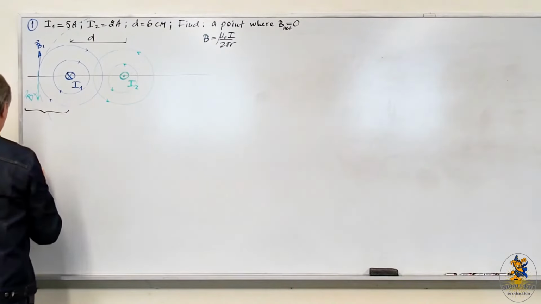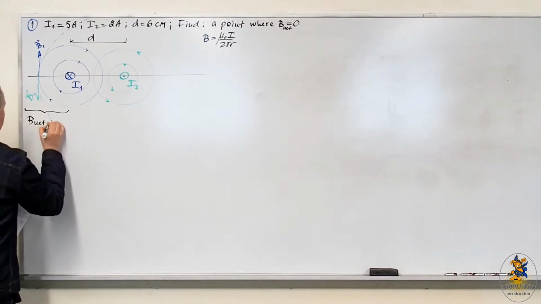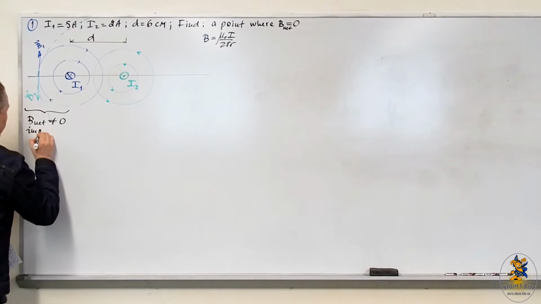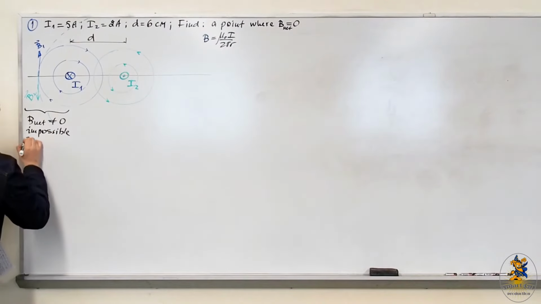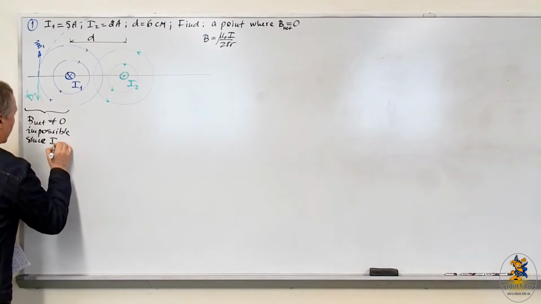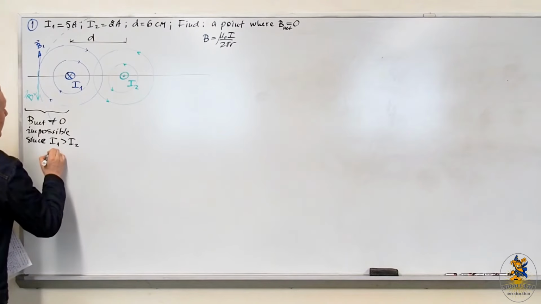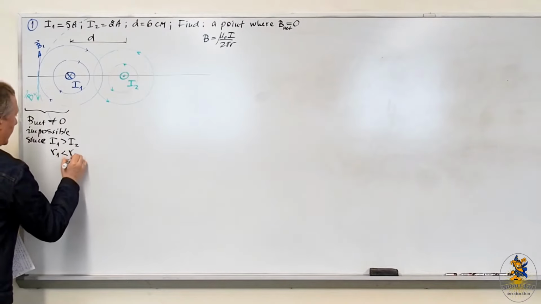Okay, so let me write that in some reasonable words. In this region, B net is not equal to 0. Impossible. And let me write, since I1 is larger than I2, and the distance R1 is smaller than R2.